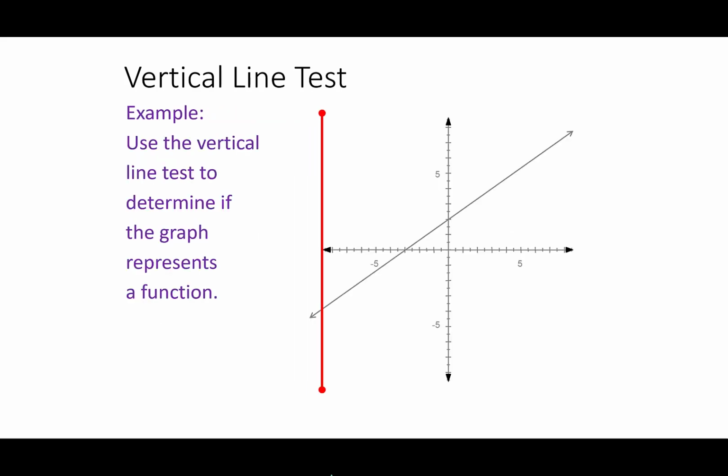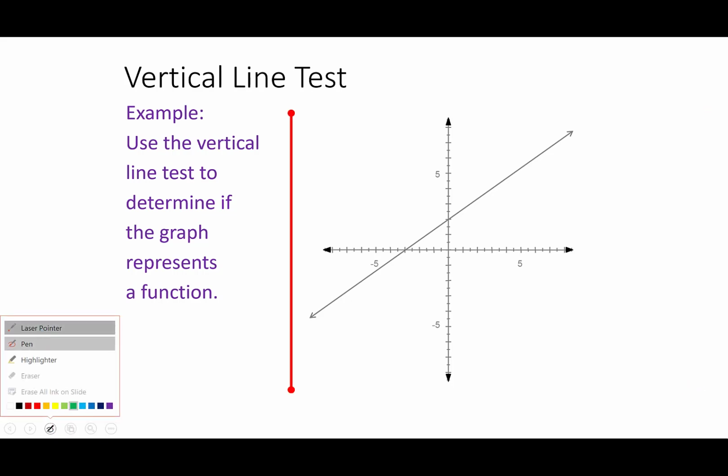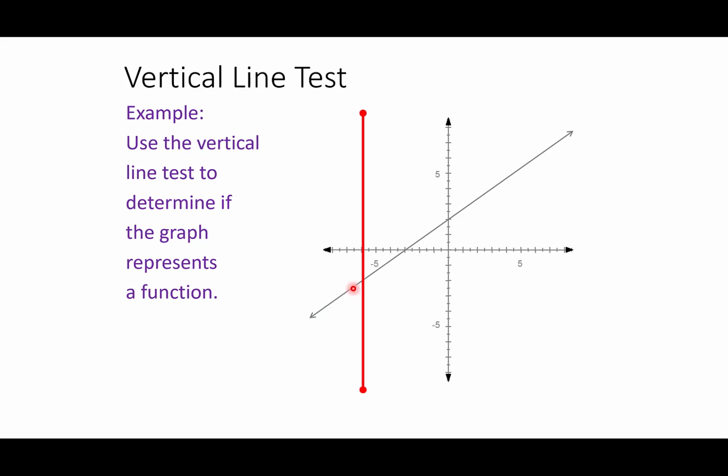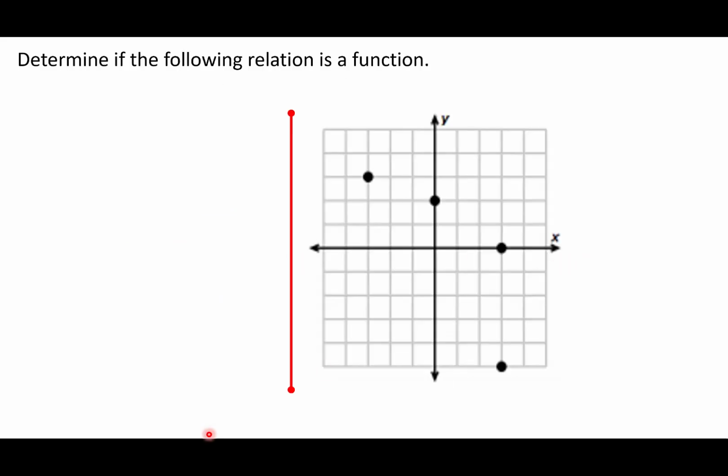So notice as that red line moves across, we don't touch anywhere except for 1 point on that line. Okay, we're ignoring the axis. So let's determine if this is a function. It's just a set of points on my graph, right? Let's look at that again.